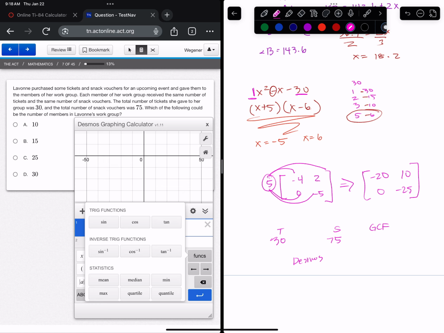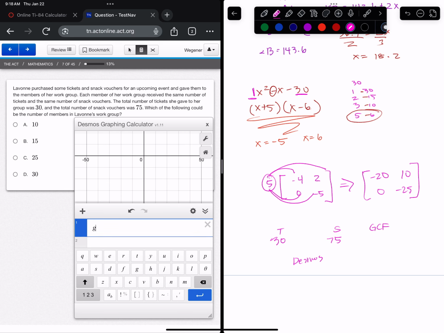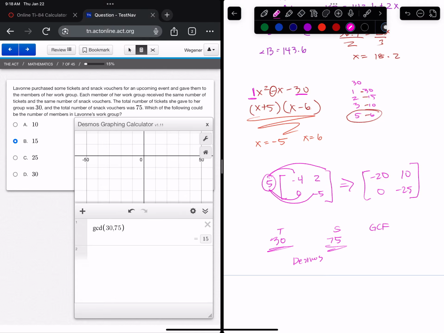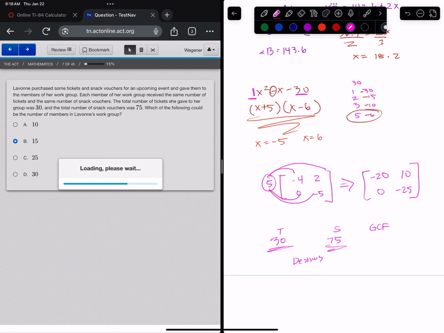Well, I don't know where it is, but I could easily also just put GCD, and the calculator should know what to put. So GCD, and then I had the numbers 30 and 75, so I'm gonna input 30, comma 75, and it gave me 15, so the answer is 15. Okay, so let's move on.